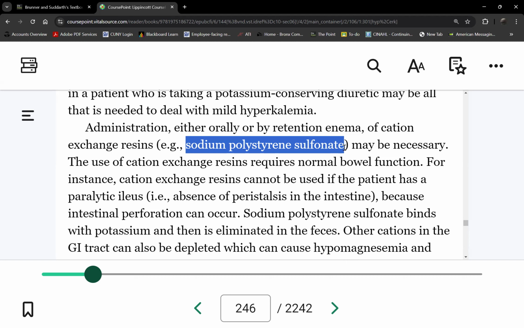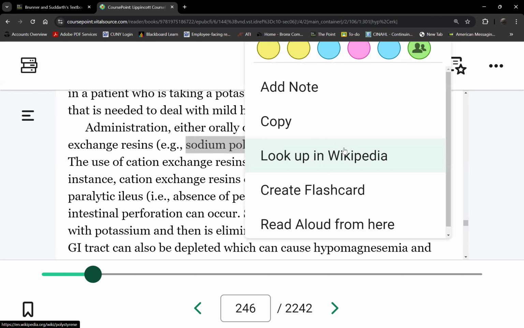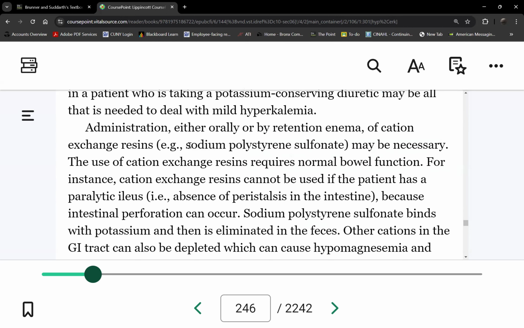So what were the ways again we can lose potassium? Potassium leaves the body through how again? 80% through the urine, 20% through the sweat and GI tract, through the bowels. So what is the effect of SPS?